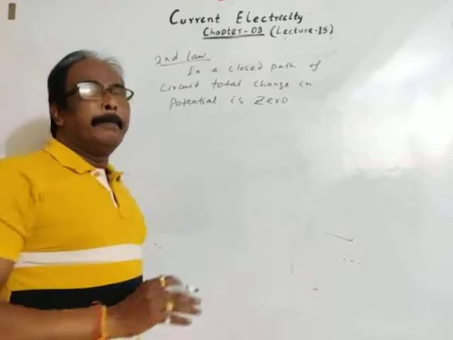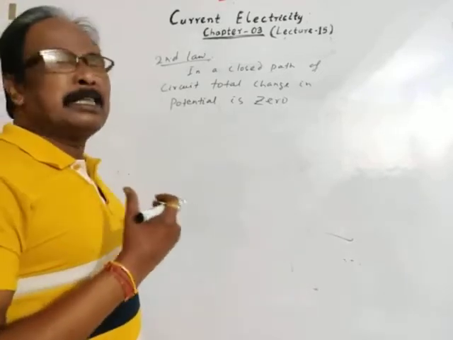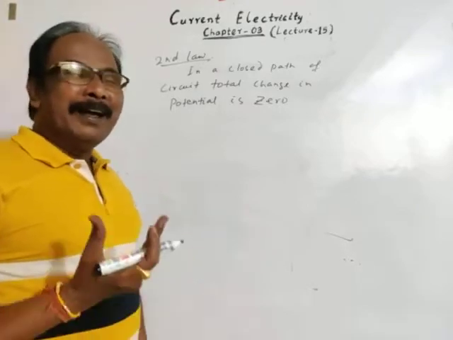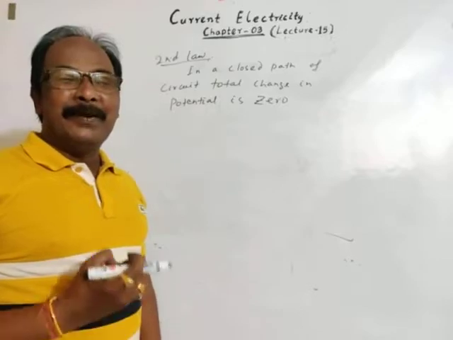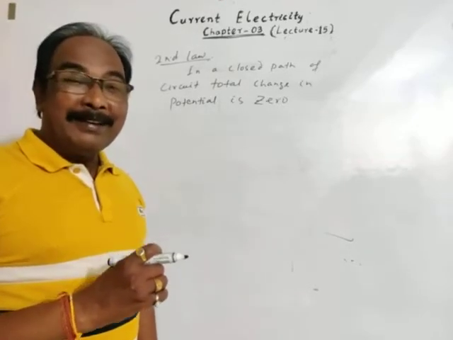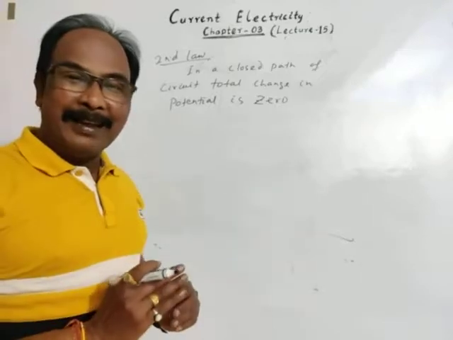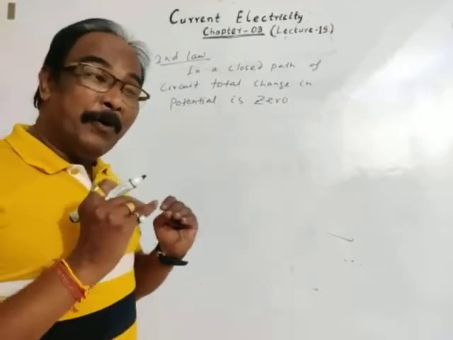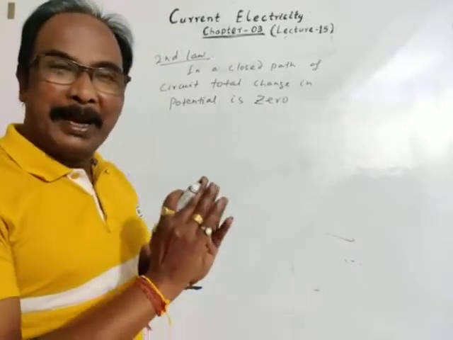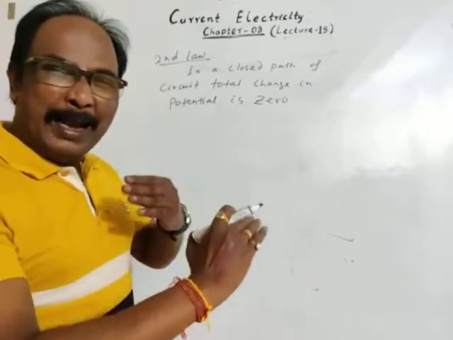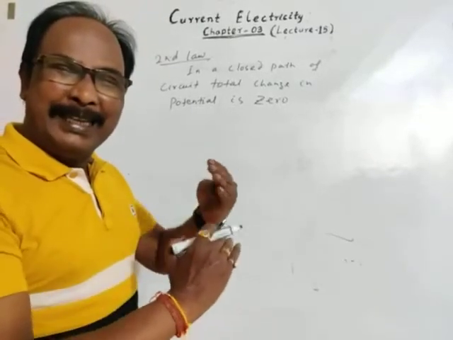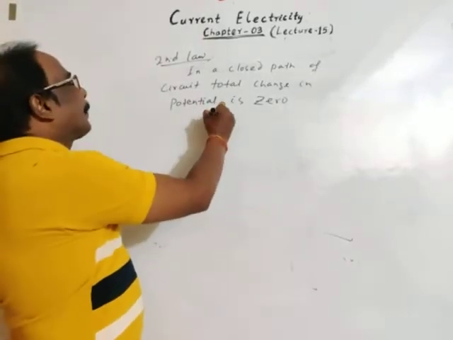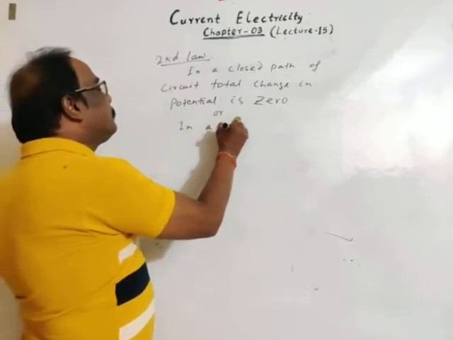We know that when current flows, it has to overcome the resistance, so work is done against resistance. If work is done, then there is a potential drop. So the total change in potential in a closed path of a circuit is zero.